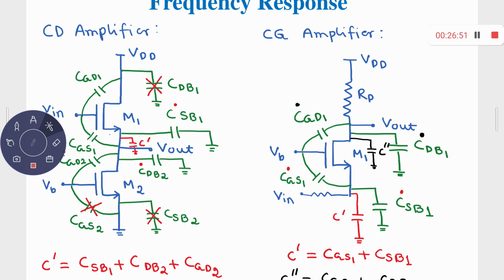So you can consider the effective capacitor as C dash, which is nothing but this CSB1, which is connected between the source 1 and the body 1, plus you have this CDB2, which is connected between the drain 2 and the body 2, and obviously this CGD2, which is connected between the drain 2 and the gate 2. So instead of having these 3 capacitors, this CDB2, CSB1 and CGD2 separately, you can consider a single capacitor which is equal to C dash.